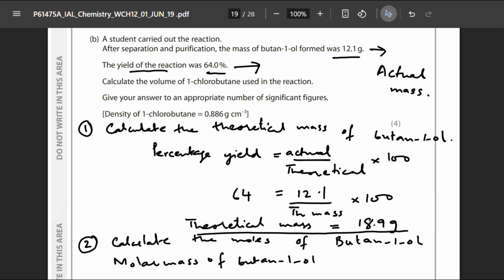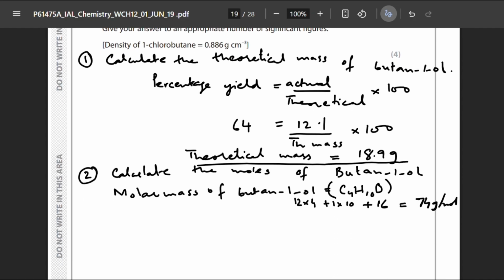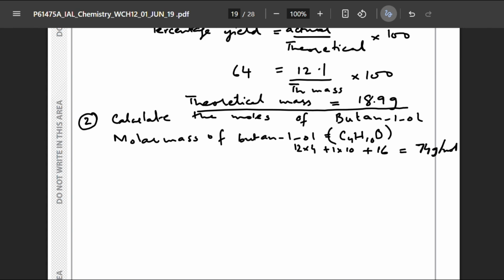You have the mass 18.9 and the molar mass of butan-1-ol is carbon 12 times 4 plus hydrogen 1 times 10 plus oxygen 16. So the molar mass of butan-1-ol is 74 grams per mole.